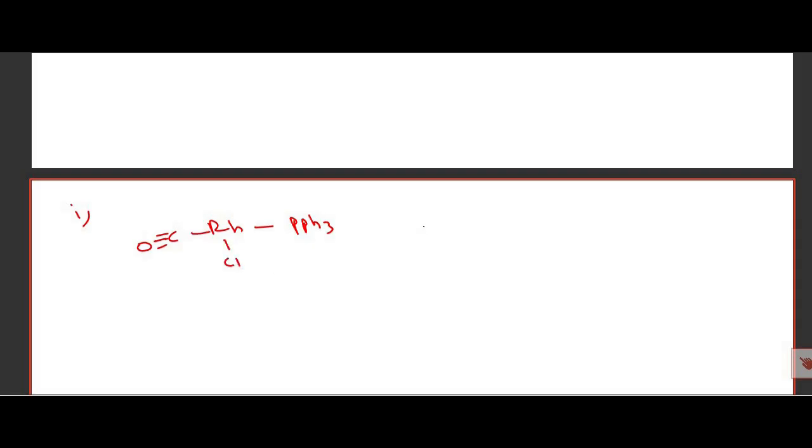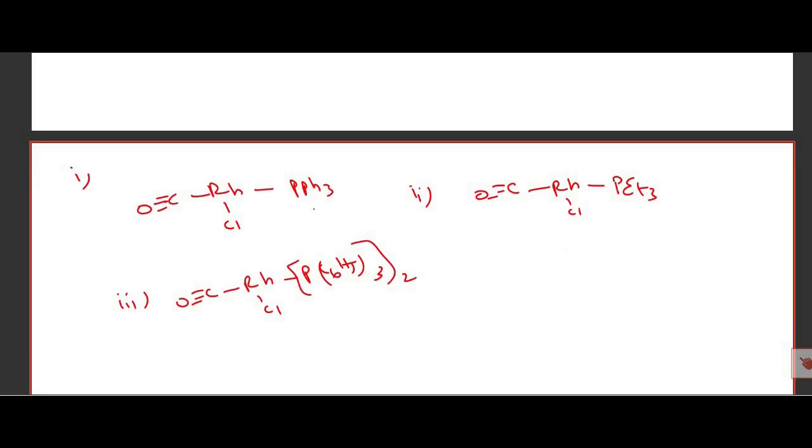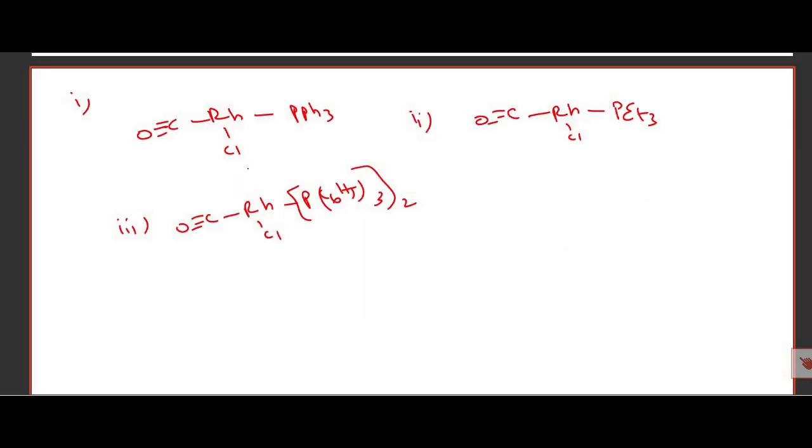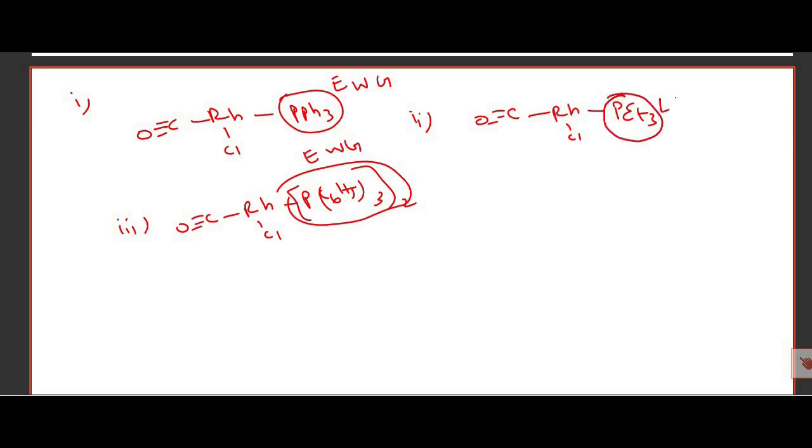Then option 2, and option 3. Now listen, in these three complexes, PPh3 is an electron withdrawing group. Here also it is an electron withdrawing group. Here you have an electron donating group.